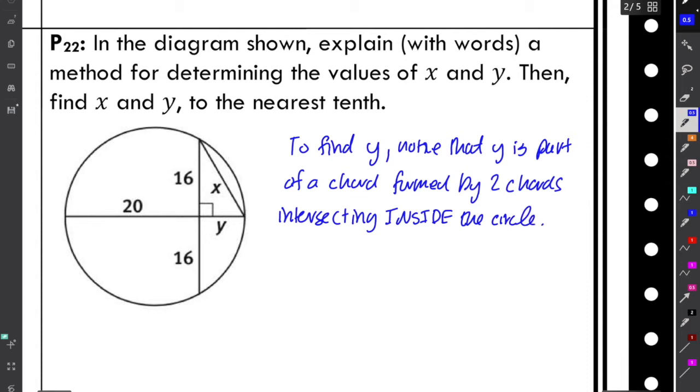So that means we can multiply the two parts like we did in the last problem, P21. We can multiply 20 times y equals 16 times 16, and that'll give us an equation for y. So we're going to multiply the chord parts.